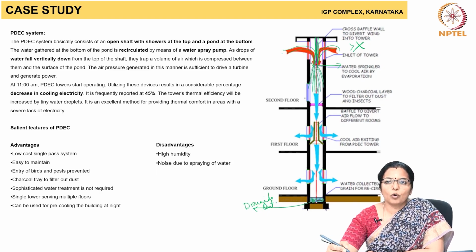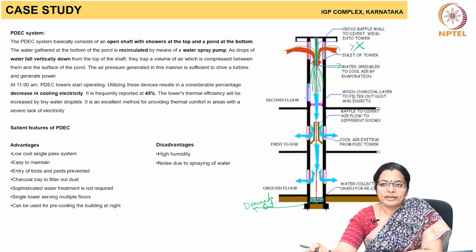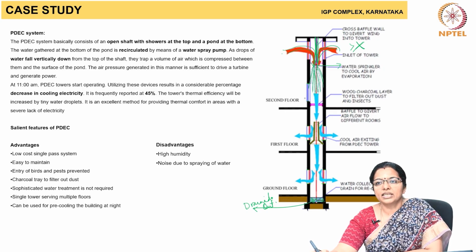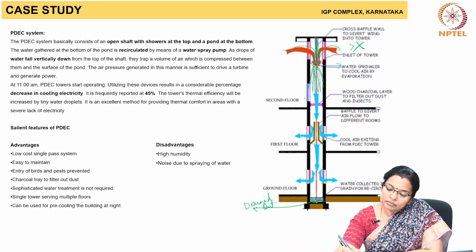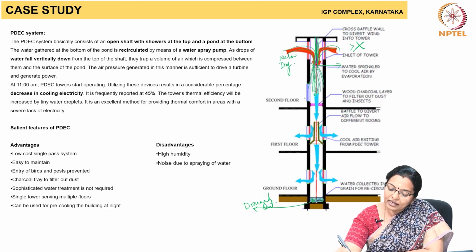What happens is at 11 a.m. the PDEC towers start operating. They utilize these devices, resulting in a considerable percentage decrease in cooling electricity. Through this mist, the warm dry air is directed to come down, and it absorbs the moisture and flows below.